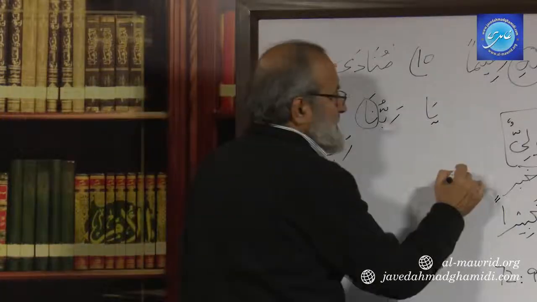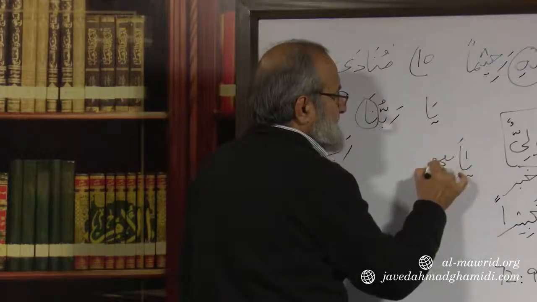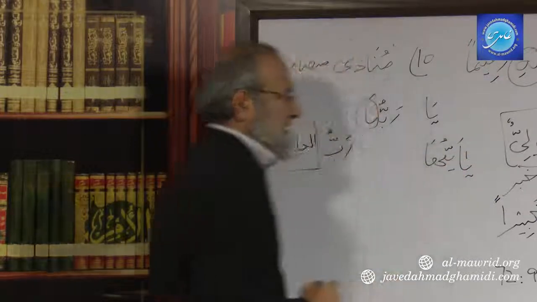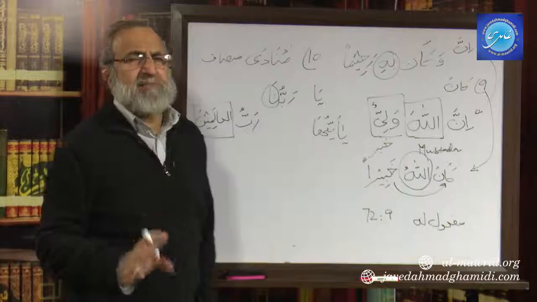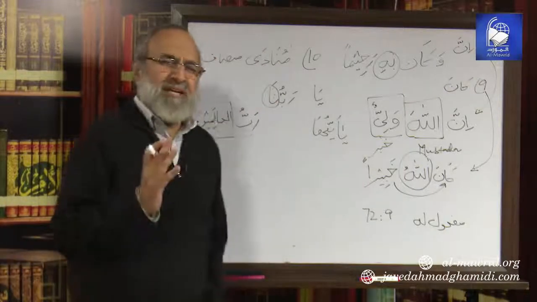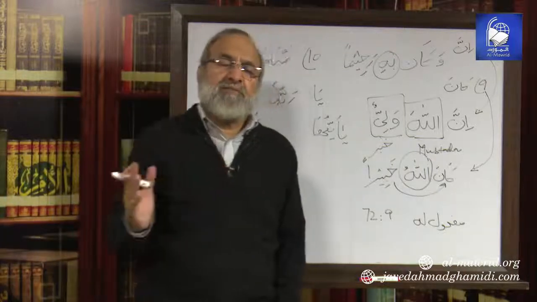The same ya also takes the form of ya ayyuha. You have seen it quite often in the Quran. There's no difference whatsoever, except that when you have ya, the noun that follows it is one which does not have an alif lam.